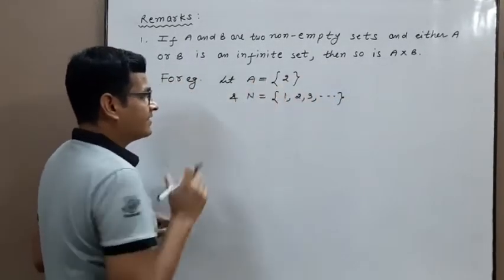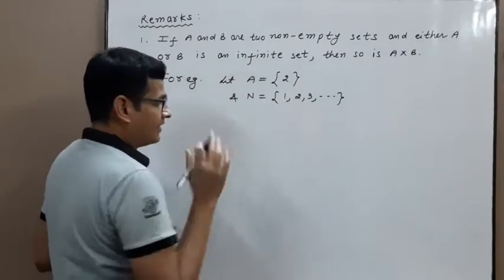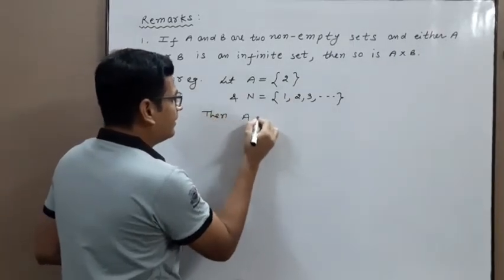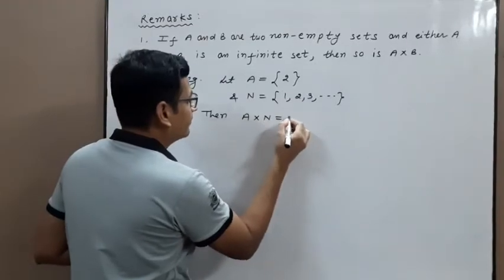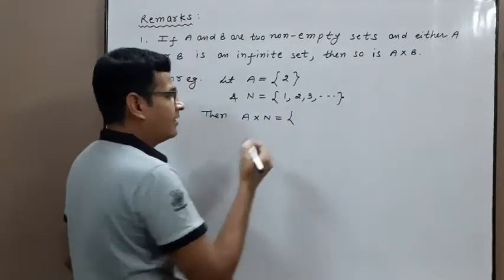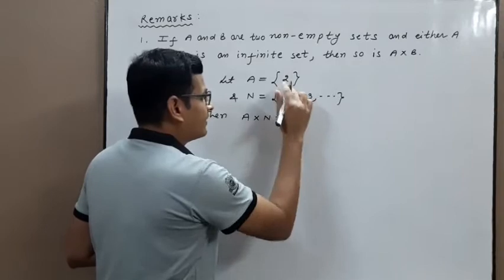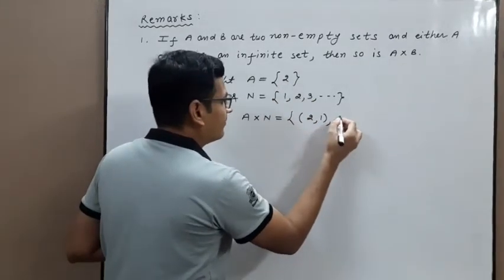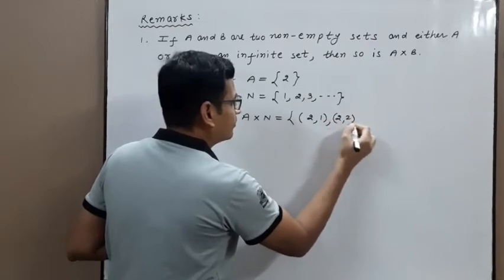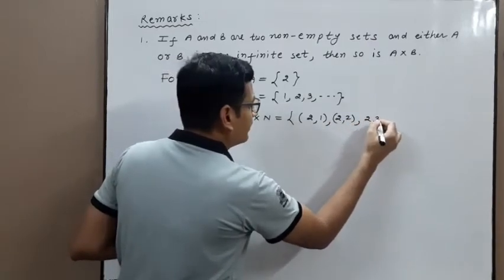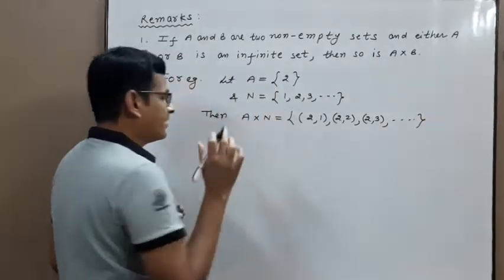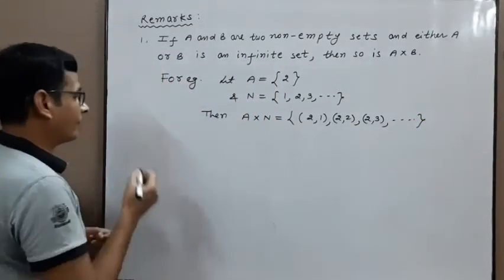Clearly A is a finite set and N is an infinite set. Then A cross N is a set of ordered pairs. First element belongs to the first set and second element belongs to the second set. So (2, 1), (2, 2), (2, 3) and so on up to infinity. So A cross N is also infinite.